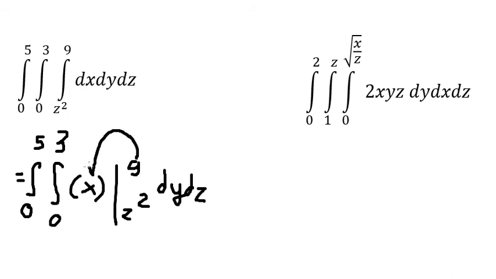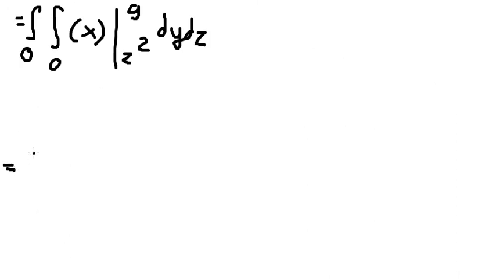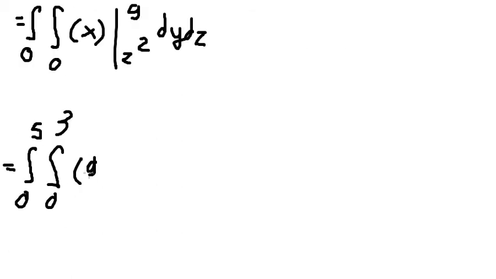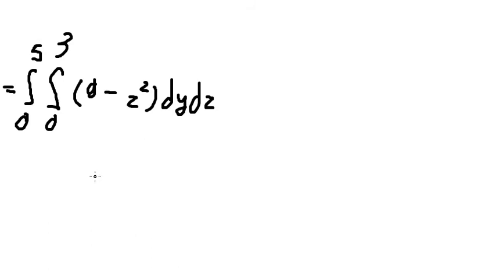So I will put number 9 here, z square here. So we have 9 minus z square. The integration of dy, we have y.